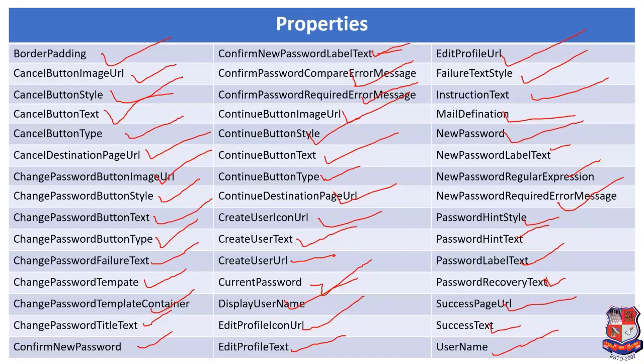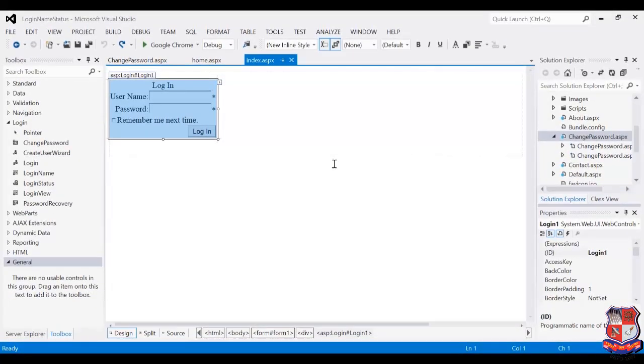Okay, now we are going to see an example for this change password control in Visual Studio. We'll continue with our last lecture's example only, and that is for login name and status. We had an index.aspx file. On that we had put a login control through which we can log into the website.